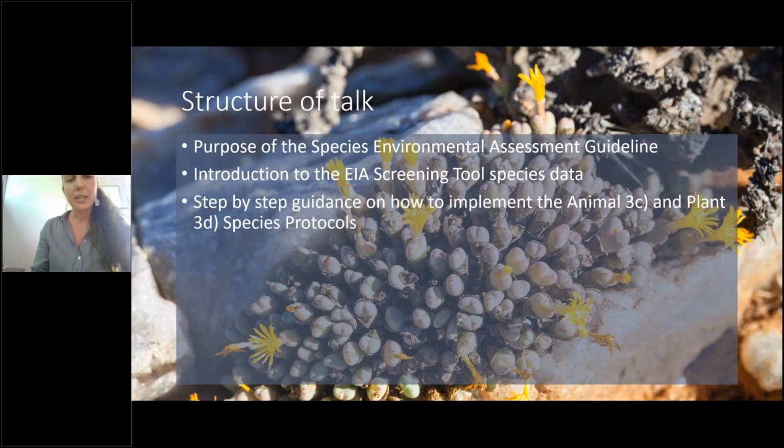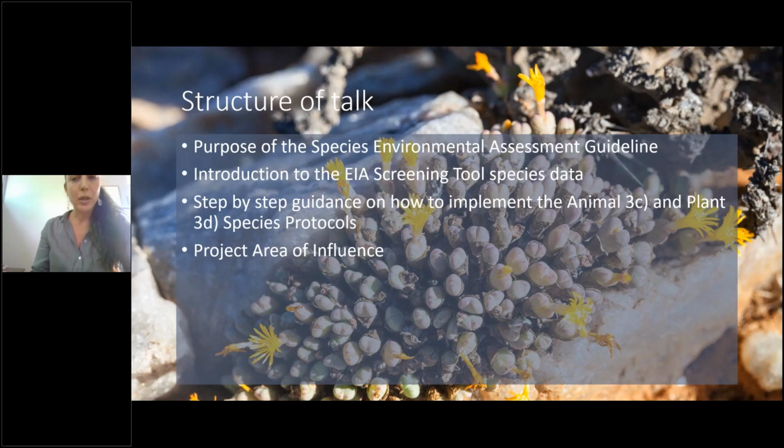And then we will explain how the guideline talks to the recent regulation that has been produced for the two protocols, the animal CC and the plant CD species protocols that have been published for comment. Well, they haven't been gazetted for implementation. They were published for comment in early January. The comment period has closed, and we're now addressing the comments. But the guidelines speak specifically to the species protocol.